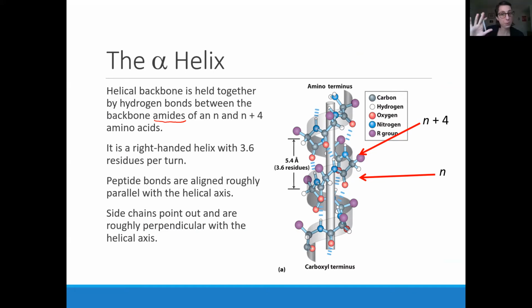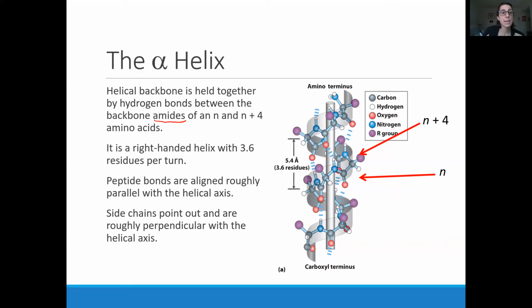So not the R groups, the special R groups, but the amide portion, the NH portion, of amino acids N and N plus 4. That means that every fourth amino acid is making a hydrogen bond with the first amino acid. So N and N plus 4 amino acids are going to have a hydrogen bond between them using the amide.